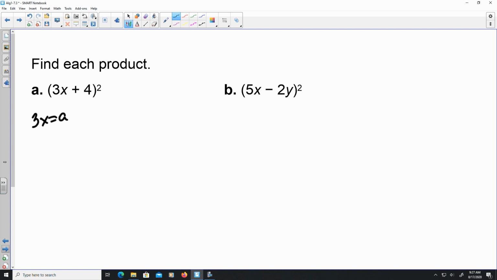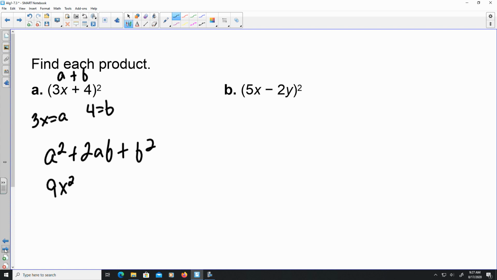So here, 3x is going to equal A, and 4 is going to equal B. If this is A plus B quantity squared, using the pattern of a squared plus 2ab plus b squared will give us this. A squared is going to be 3x, so 3x squared is going to be 9x squared, plus 2 times a, which is 3x, times b, which is 4, plus b squared, which is 4 squared, which is 16.